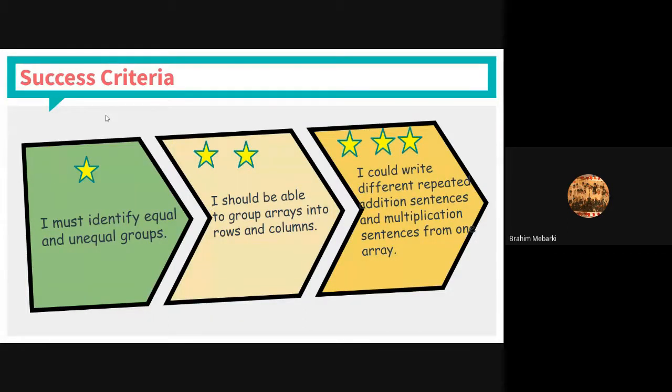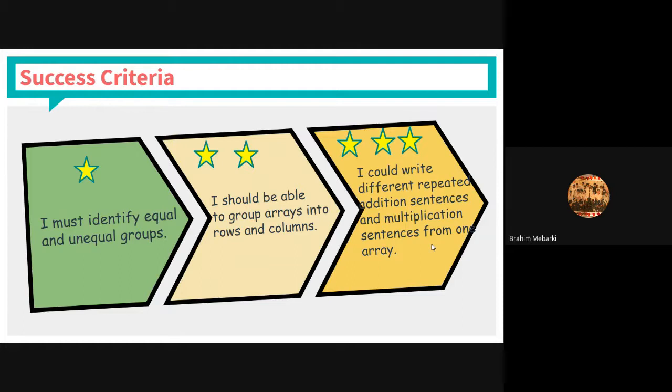Our success criteria are as follows. You will be able to get 1 star if you can identify equal and unequal groups. You'll get 2 stars if you can group arrays into rows and columns. And lastly, you can get 3 stars if you can write different repeated addition sentences and multiplication sentences from one array.